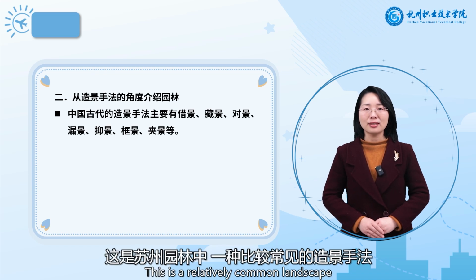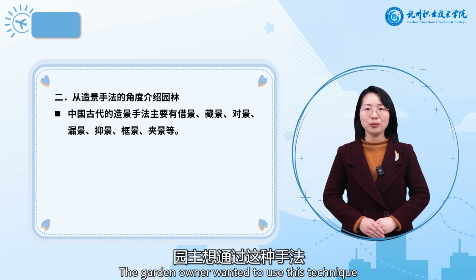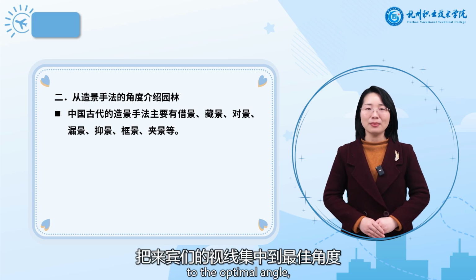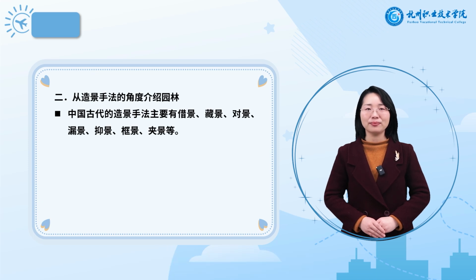This is a relatively common landscape construction technique in Suzhou gardens called frame view. The garden owner wanted to use this technique to focus the guest's line of sight to the optimal angle in order to achieve a satisfying viewing effect.